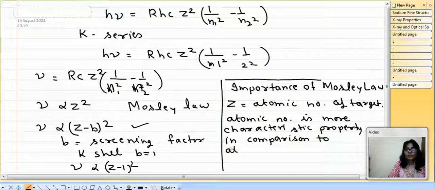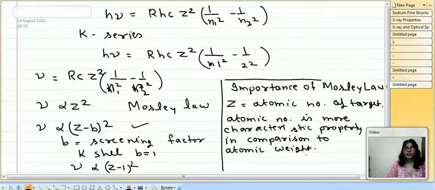atomic weight. So initially in the periodic table, Mendeleev kept all the elements in increasing order of atomic weight, but after Moseley's law, it was suggested that atomic number is the more characteristic value.